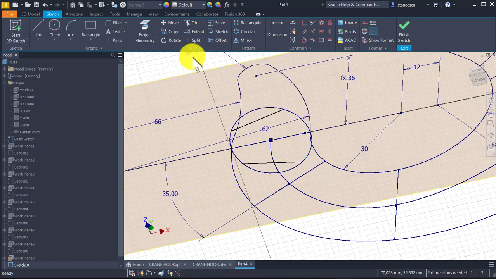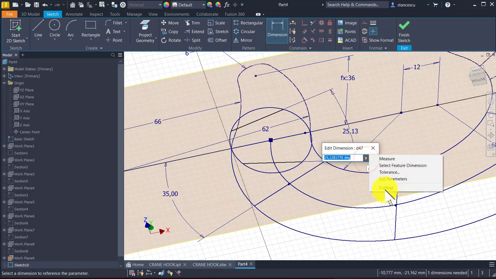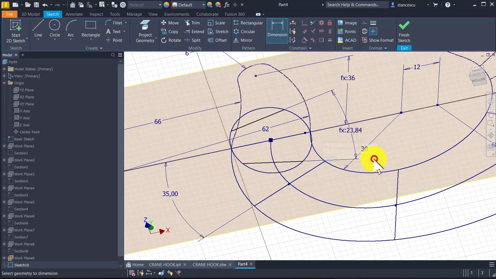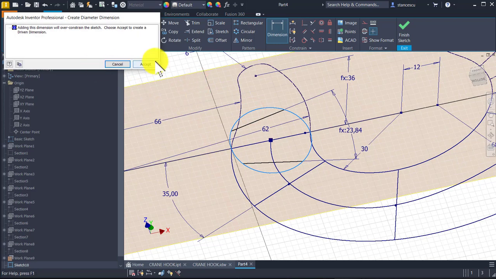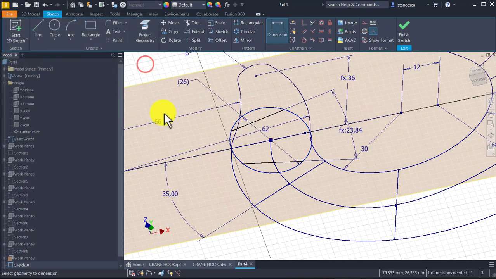Now dimensions, angle, which is cut angle, then dimension driven, dimension is 26, integer value. Why?